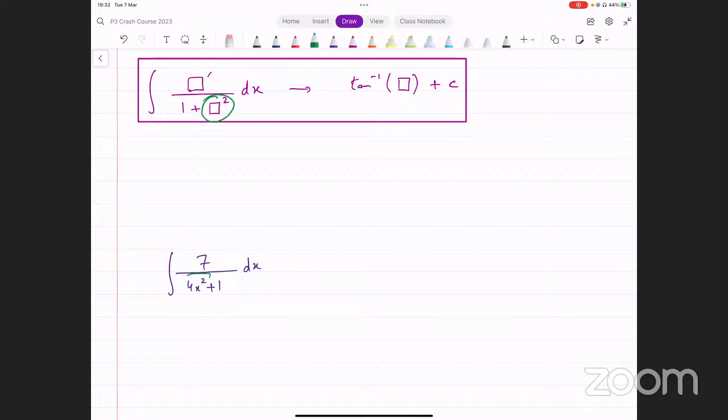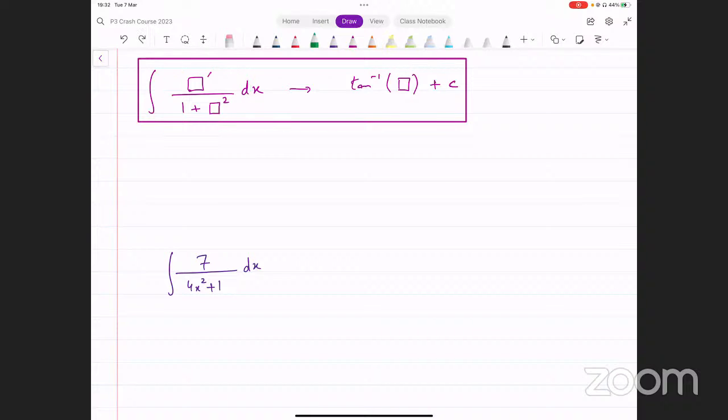So in the denominator here, you see, one of the terms is 1, and the other term is anything else. That doesn't matter, as long as you have the derivative of this thing in the numerator. So if you can convert it to that form somehow, so that whatever is being squared here, you have the derivative of that in the numerator, you could use this form.